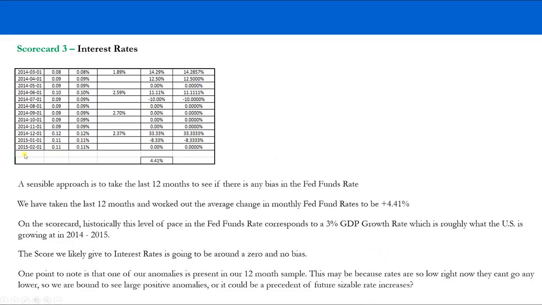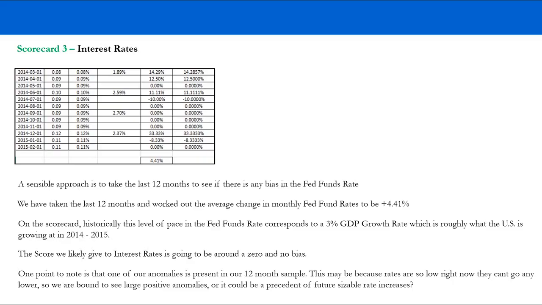You can download the data, cut and paste it here into the table that you've got in Excel, and then you can actually go into all your charts and update your charts to include this row here, and you'll see the charts change automatically, and you can continue to work this out on a 12-month rolling basis.